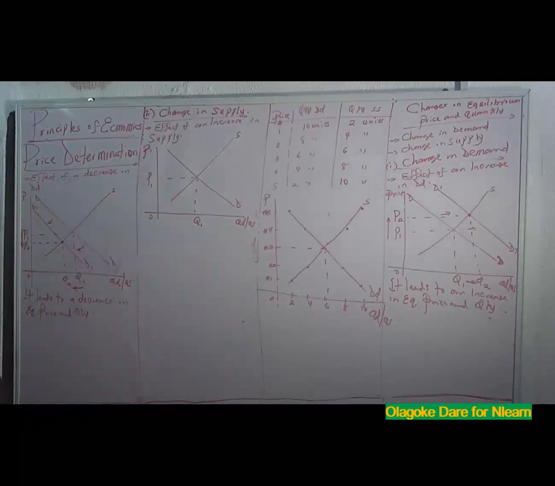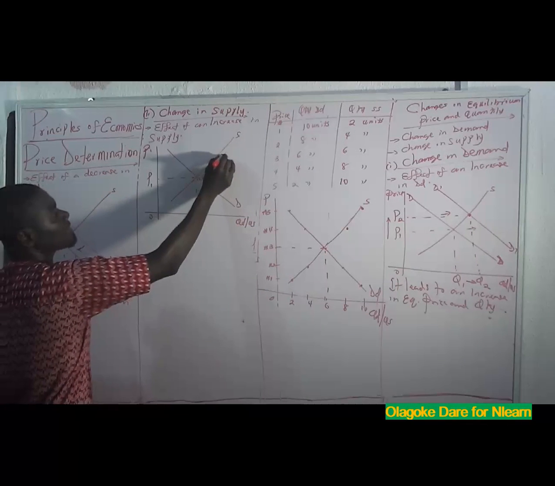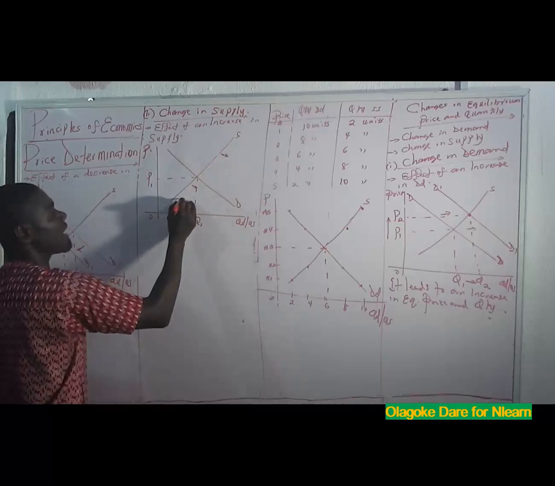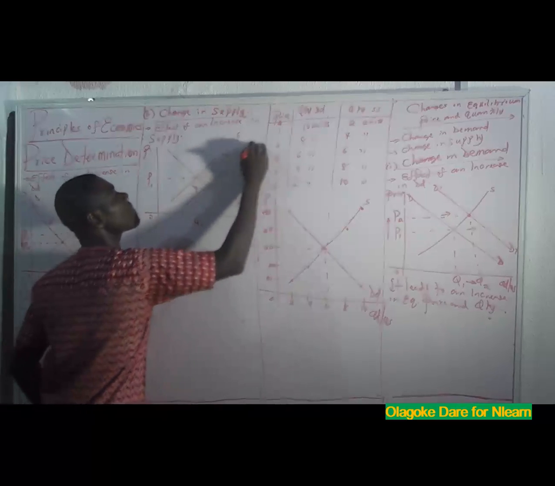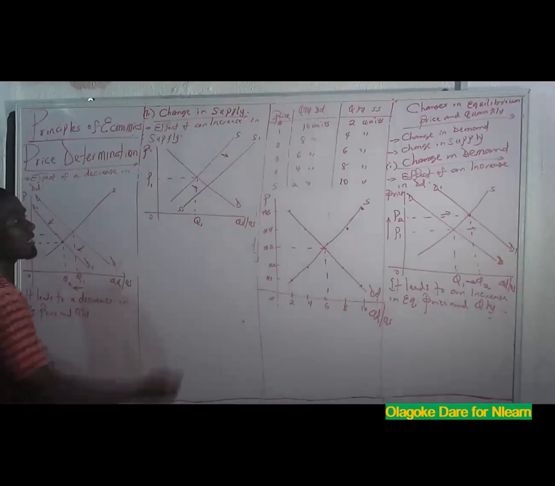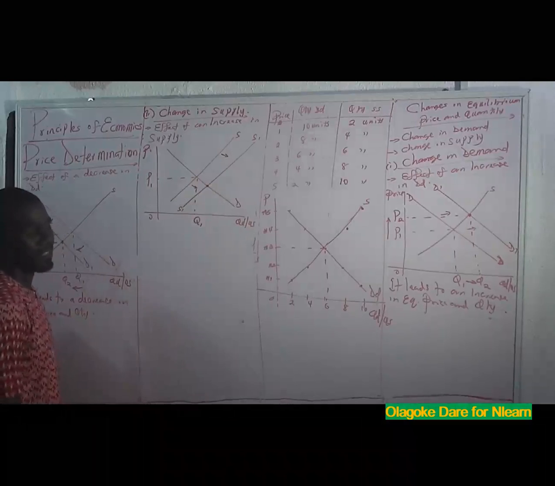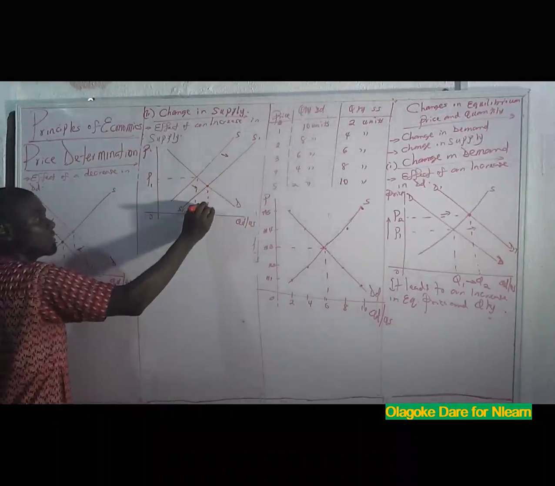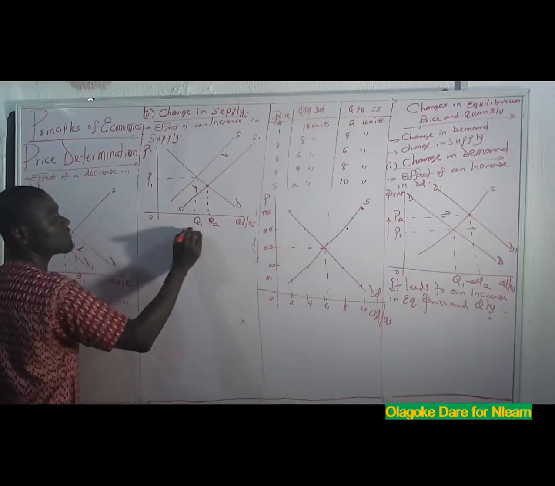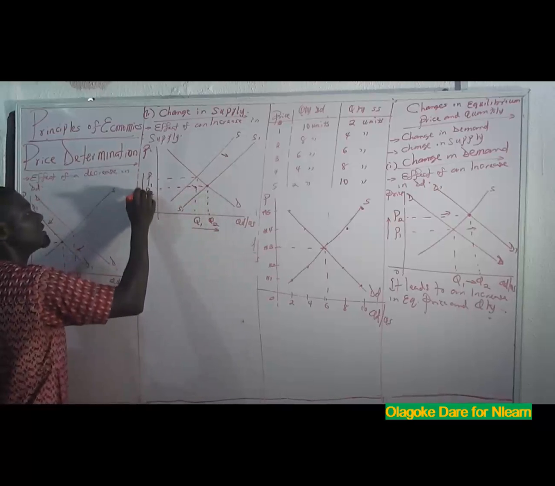An increase in supply means my supply will shift to the right. I have a new supply curve. I call it S1. With this S1, I have a new equilibrium point, where the demand curve and supply curve meet. So I'll trace it down. I have Q2, an increase, and P2, a decrease.